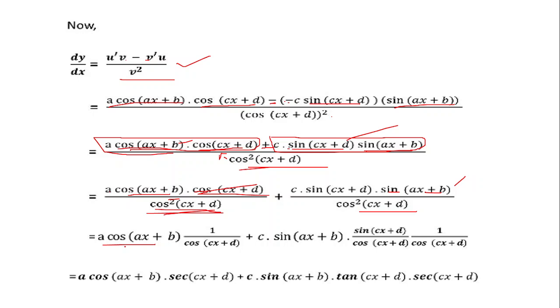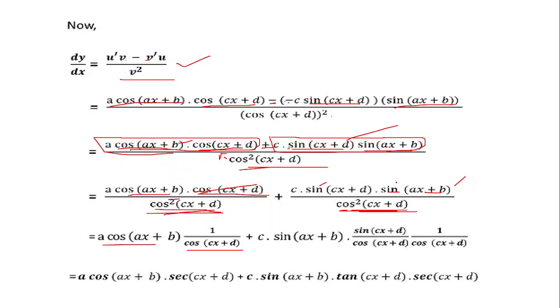a into cos of ax plus b as it is, divided by cos of cx plus d, one term only will be there. Same way here also, I am changing this cos square of cx plus d, because in the numerator I don't have any cos, if I have only cos then only I can cancel.